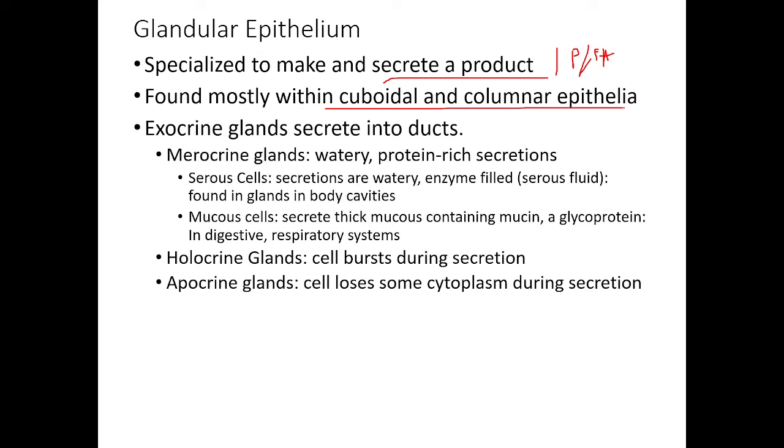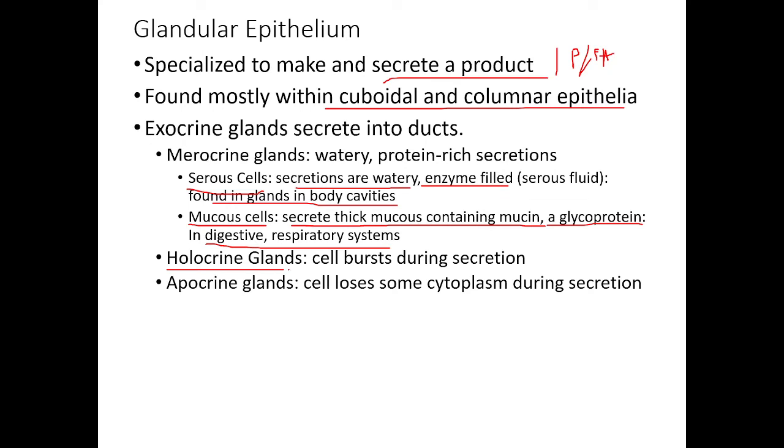Exocrine glands secrete into ducts. These contain merocrine glands, with watery, protein-rich secretions. For example, serous cells are present among them. So they secrete watery fluid and enzymes. They are found in glands in the body cavities. Mucus cells secrete thick mucus containing mucin, a glycoprotein, in the digestive and respiratory tract.